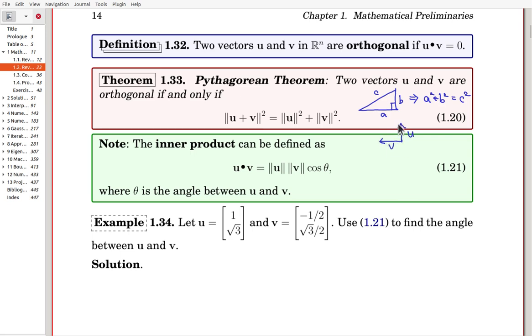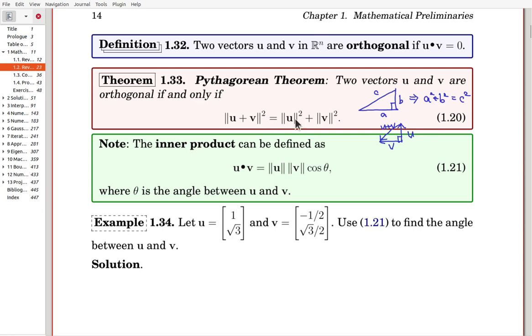Then u plus v is exactly that one. So once they are orthogonal, this length squared, the summation, is the same as here, length squared. Exactly the same as the Pythagorean theorem you learned from high school. So once they are orthogonal, then it is satisfied. Once this one is satisfied, then u and v must be orthogonal.